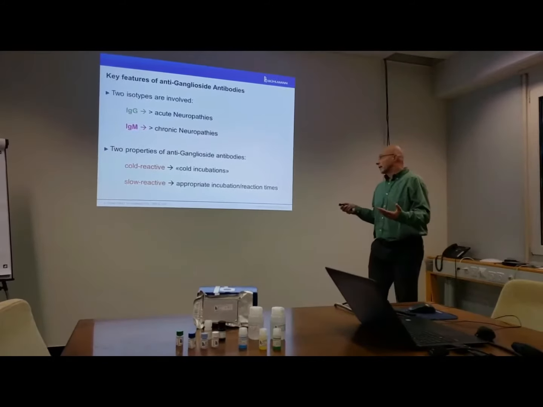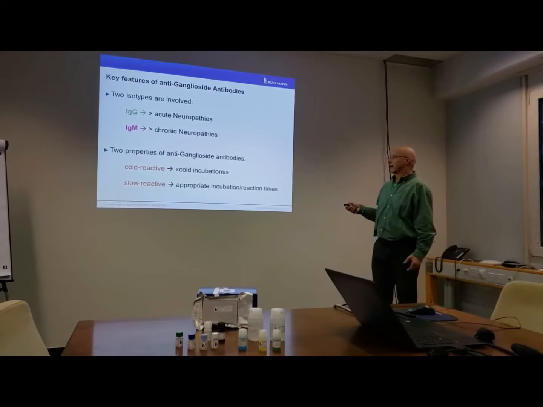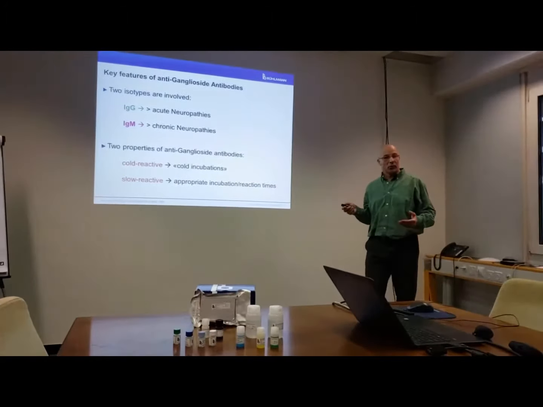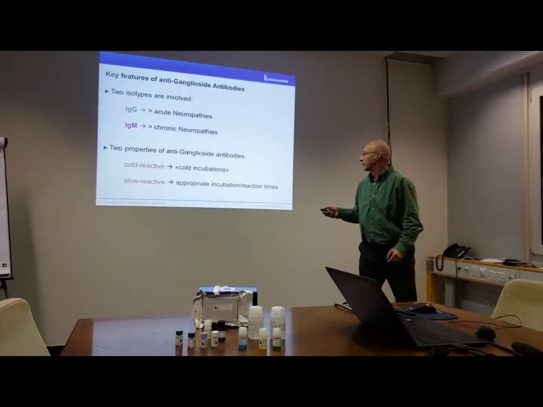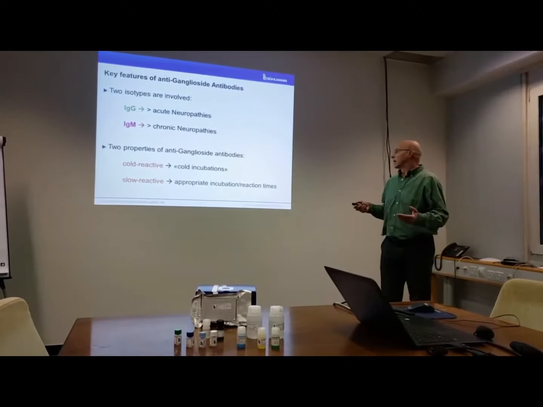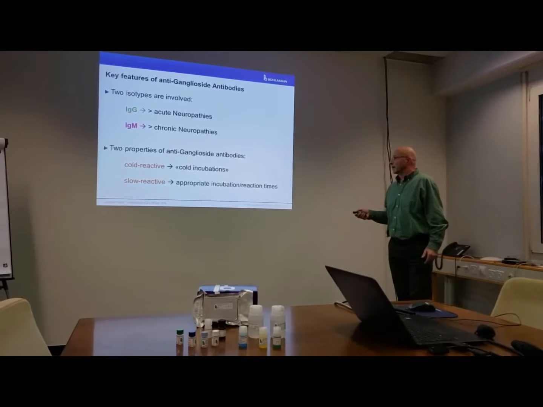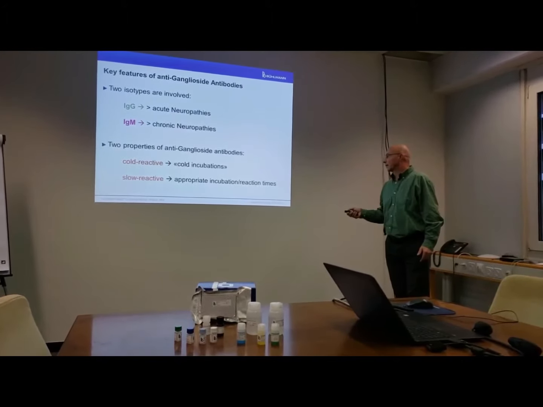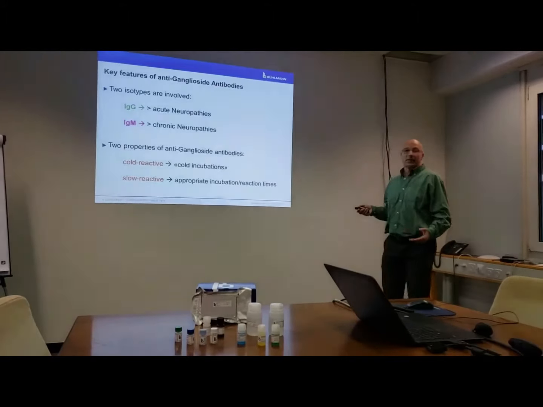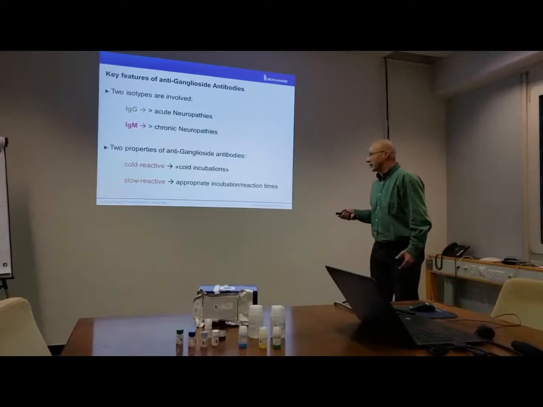Finally, technically speaking, there are 2 properties of anti-ganglioside antibodies. First of all, they are cold-reactive. This means the assay needs to be done with cold incubation steps. Secondly, they are slow reactive. This means it needs appropriate reaction time of the serum.